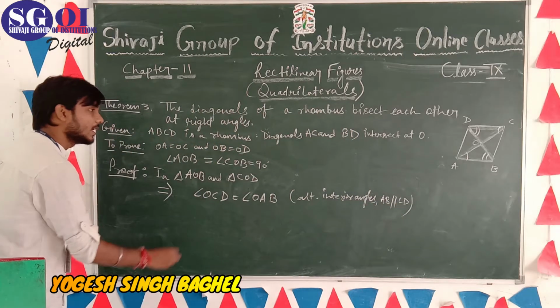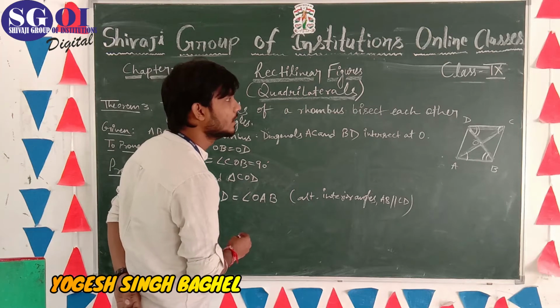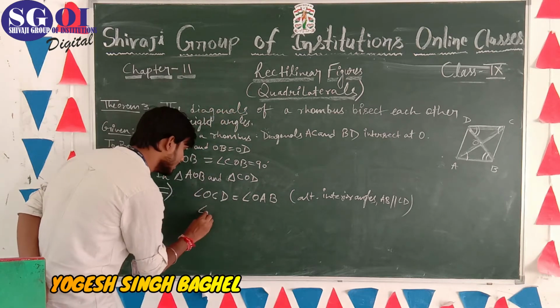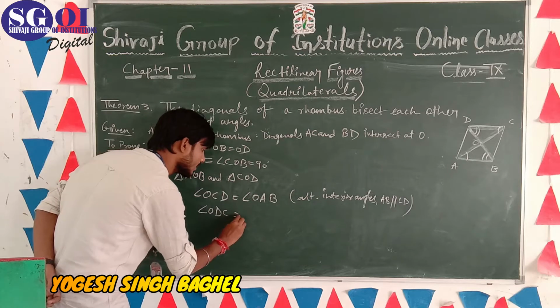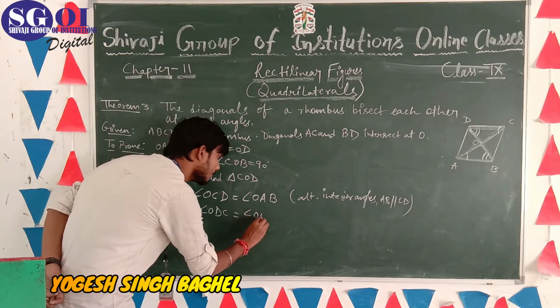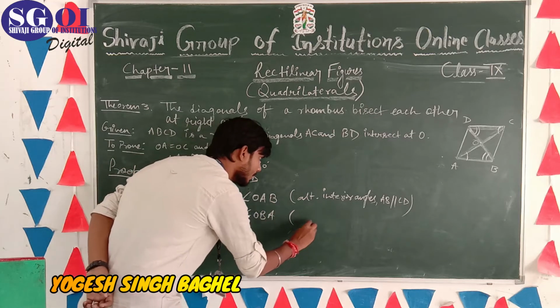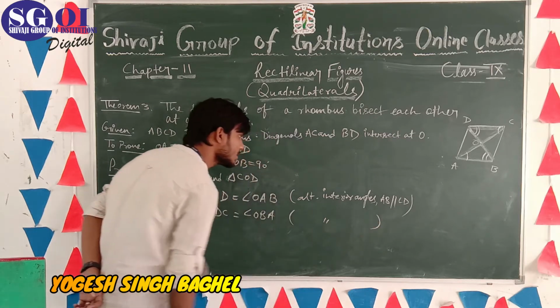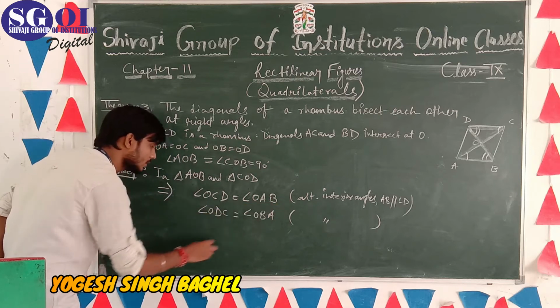The second point is angle ODC is equal to angle OBA. The reason is the same, alternate interior angles, AB is parallel to CD.